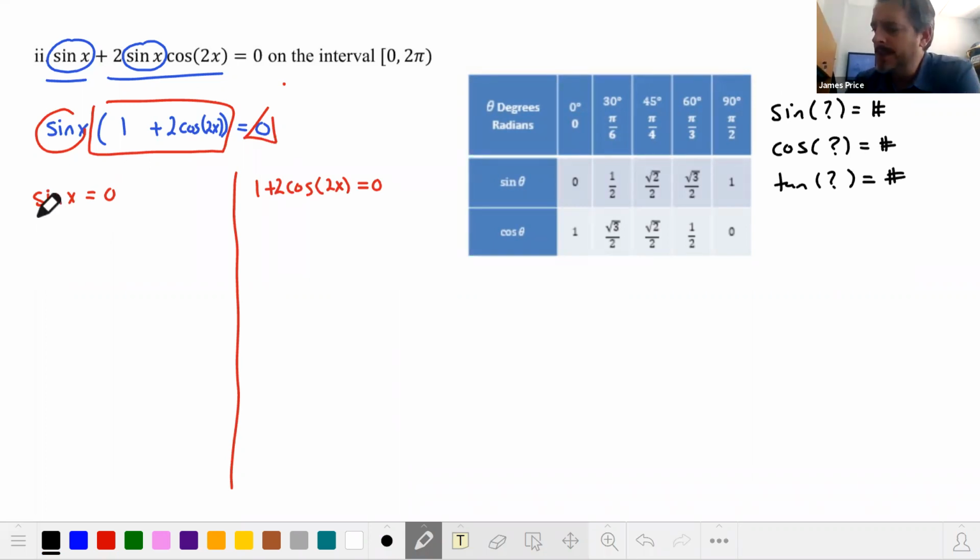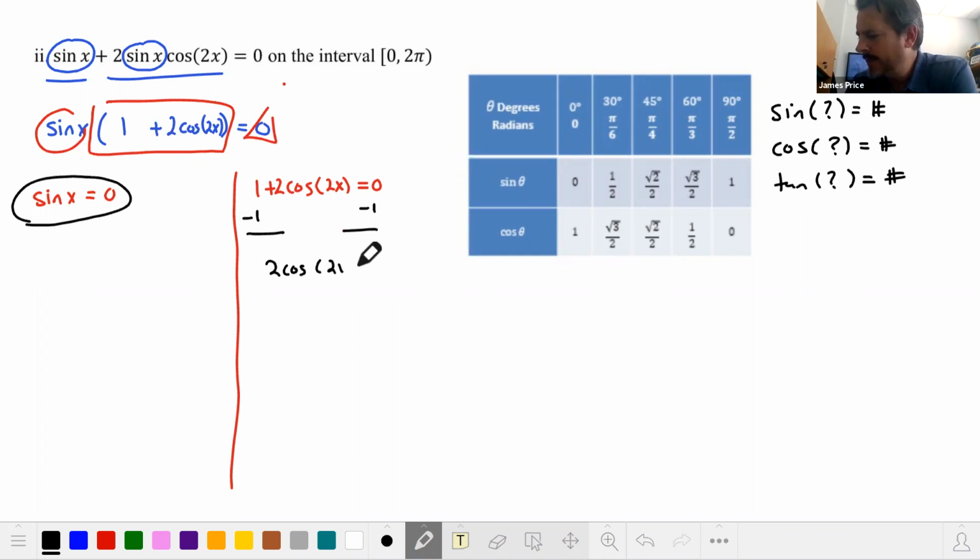All right, so this one is good. This one has a little bit more work to do, so it's not too bad. We just subtract 1 from both sides, and we get 2 cosine of 2x equal to -1, and then divide both sides by 2. Now we're good to go. We have cosine of 2x equal to -1/2.